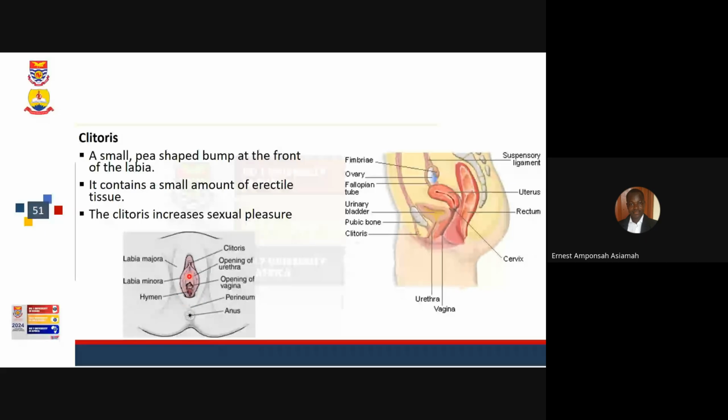Then we have the part which is more reddened, the labia minora. In between is the vestibule. So we have the urethra. The opening of the urethra is within the vestibule. It lies there when the lady is lying down on her back.